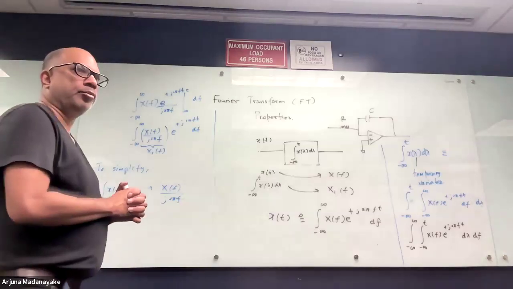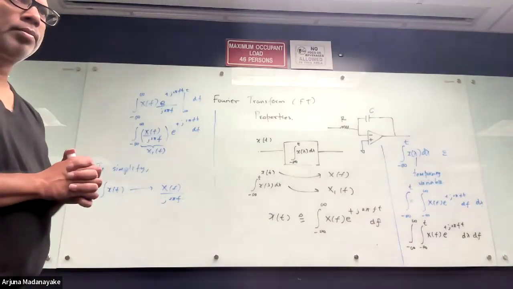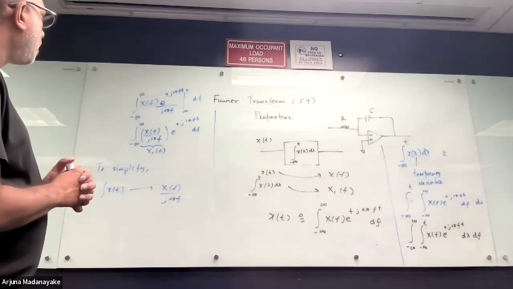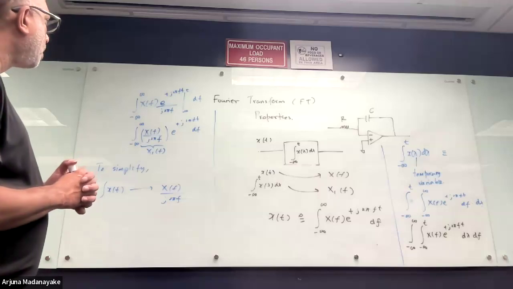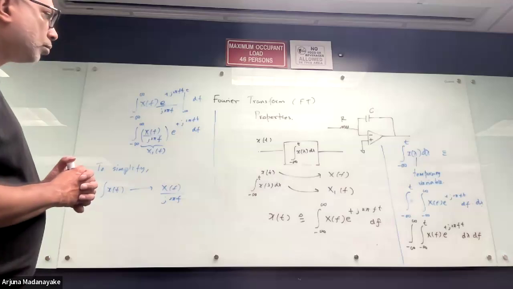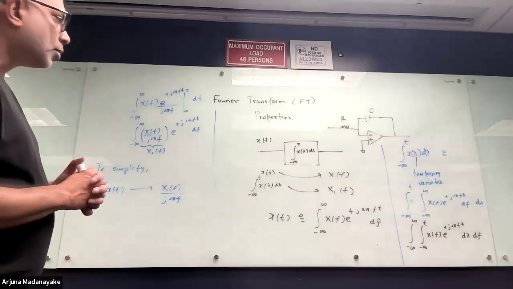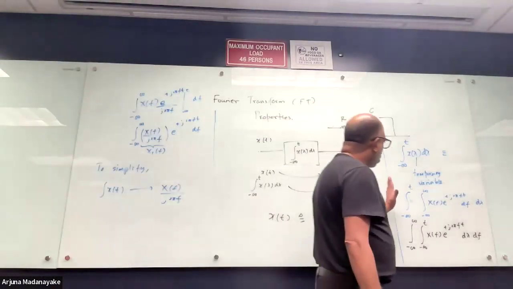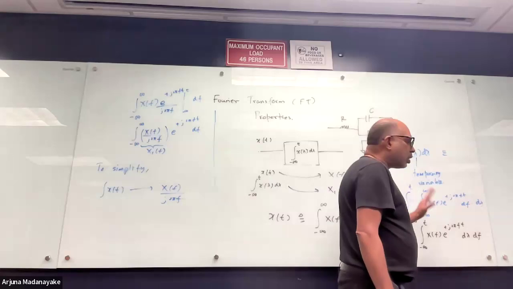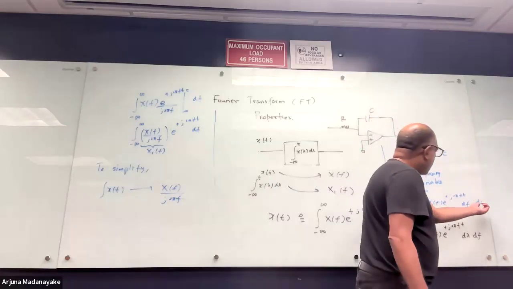Yeah. Now here's the part that I didn't understand. What variable should I think is the variable that's being integrated? How do I know that t is the variable? So this is a two-dimensional integral, right? And you have df and d lambda here.